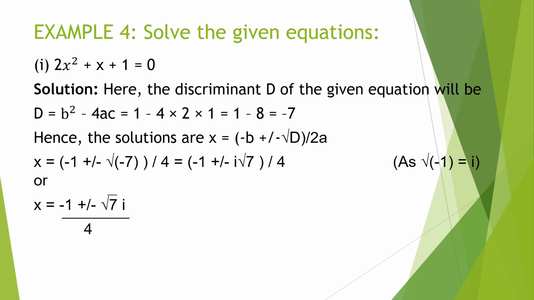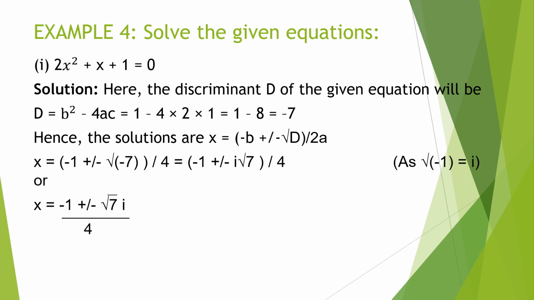The roots are given by minus b plus or minus root delta upon 2a, and delta is b square minus 4ac. You know when delta is negative, the roots will not be real, they will be complex. So here D is equal to b square minus 4ac, which is minus 7. The solutions are minus b plus or minus root delta upon 2a.